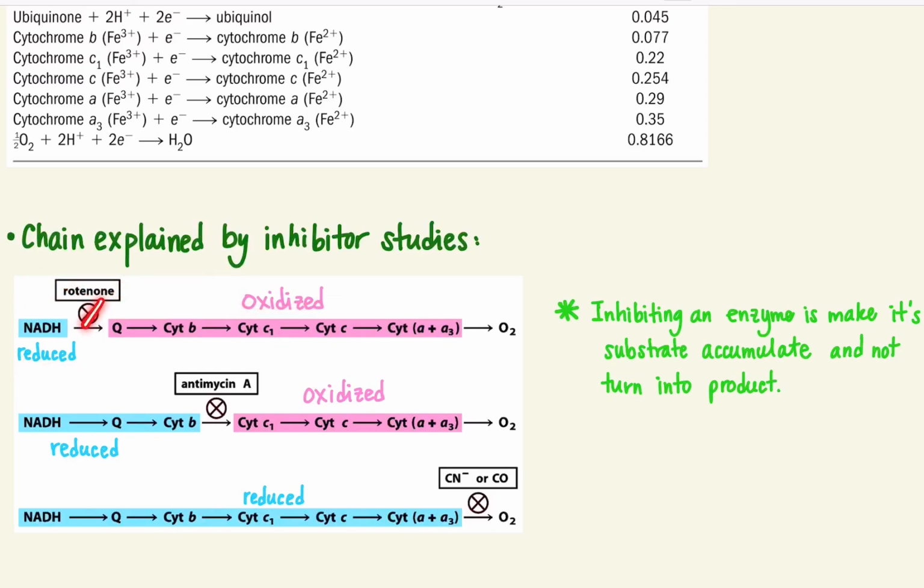If this was not inhibited, if this was left alone or just activated, then this would be reduced, this would be reduced, right? Everything would get reduced all the way to oxygen becoming water. However, if you inhibit these enzymes, you can tell how everything before it is already reduced, but not the ones after it.